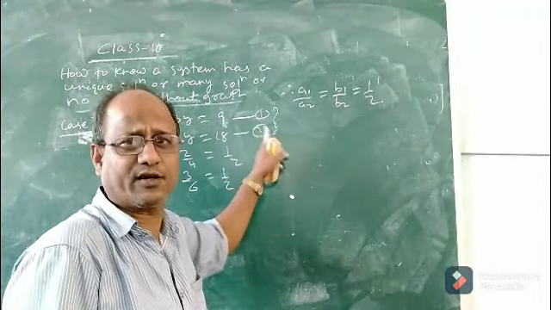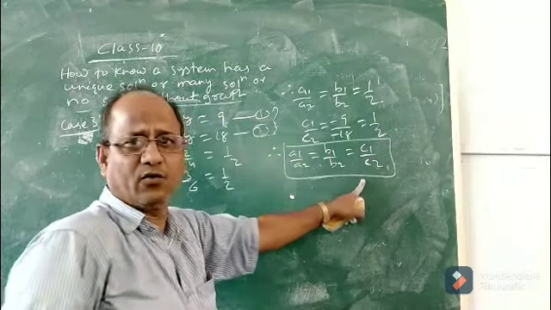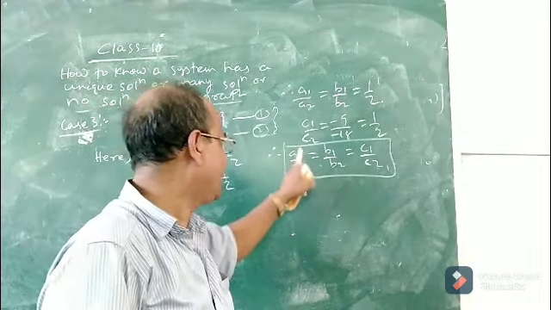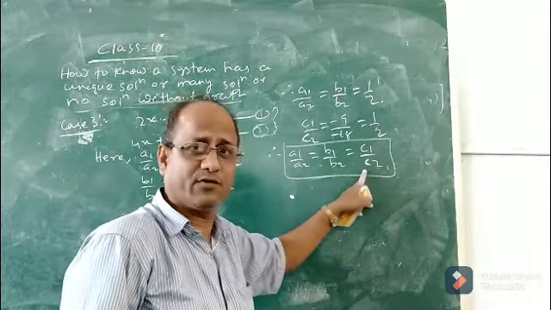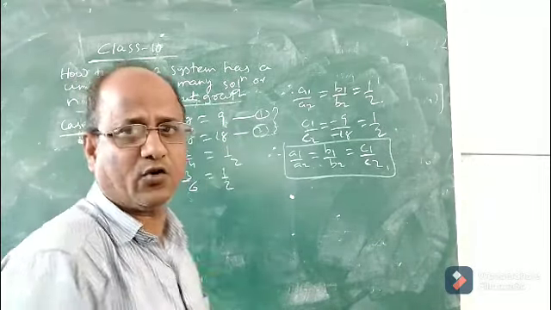So what is the conclusion children? The conclusion is A1 by A2 equal to B1 by B2 and they are equal to C1 by C2. That means the ratio of all the three are equal. And if A1 by A2 equal to B1 by B2 equal to C1 by C2, then the graph of these two linear equations will be definitely coincident lines.